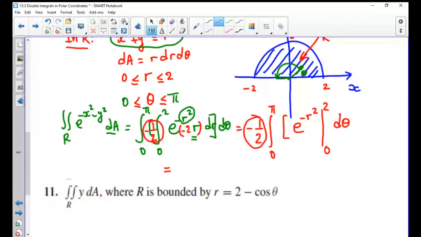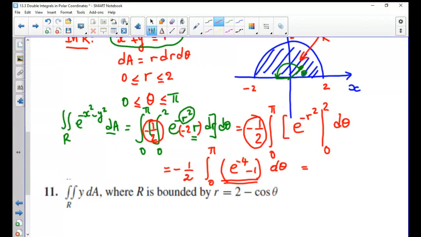So it's going to give us minus half, integral 0 to pi of e to the minus 4 minus 1 d theta.